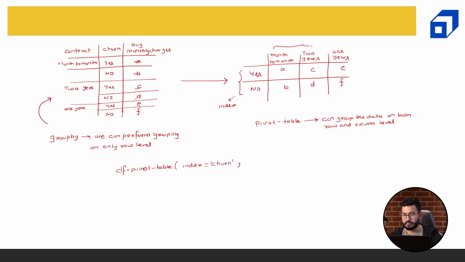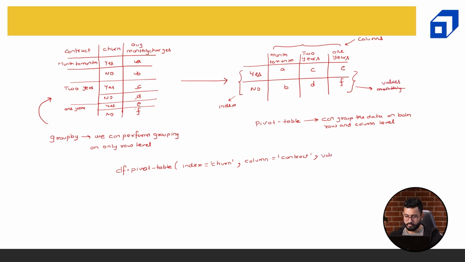This is known as my columns. So what I have kept on my columns? The contract column. So columns is equal to contract. Then using which column you have filled this table. So I have taken the average of monthly charges. So monthly charges is the column, or this is known as the values.